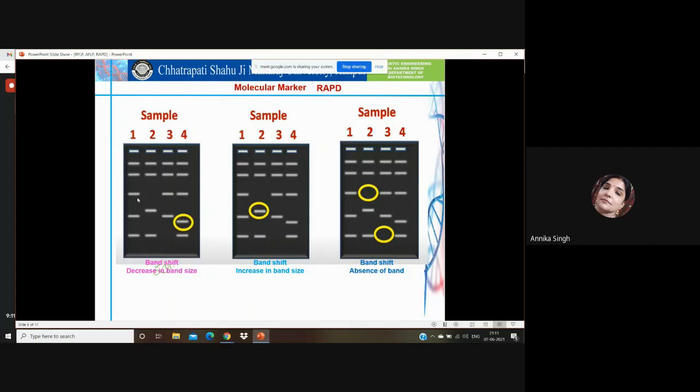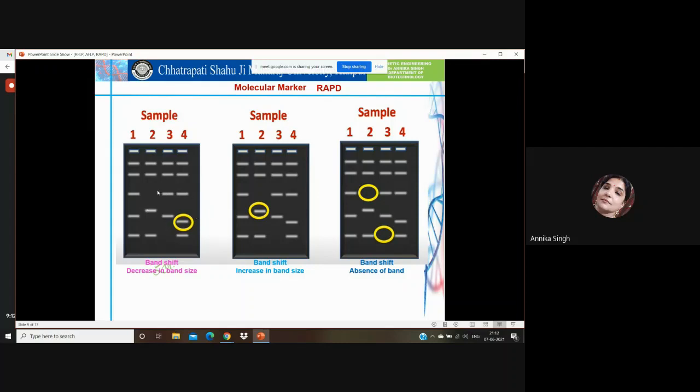So in the next case, if we compare this band pattern, we can see the band pattern 1, 2, 3, 4, fourth and sixth band pattern.